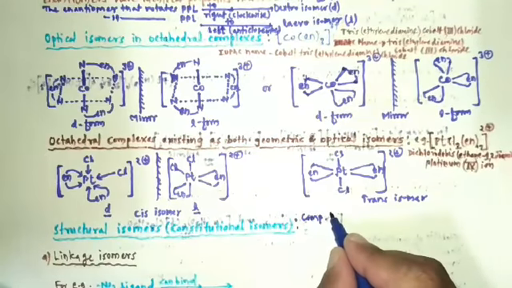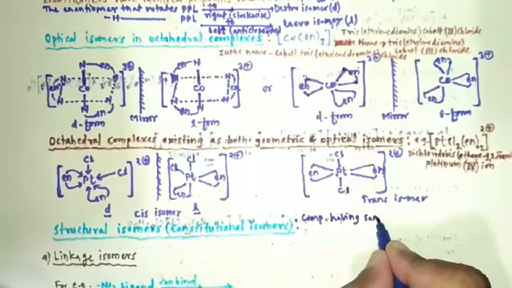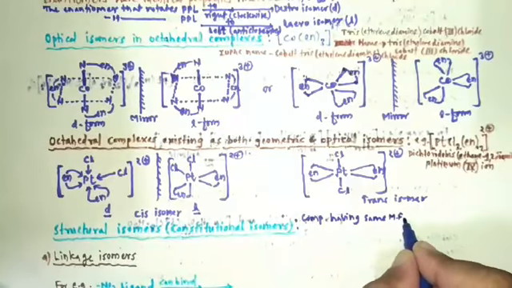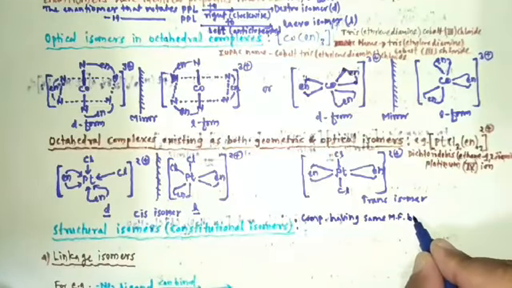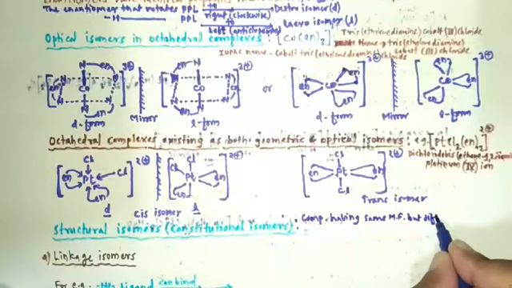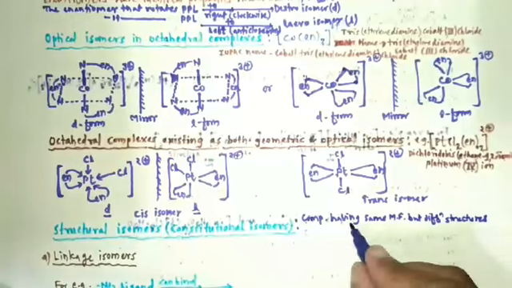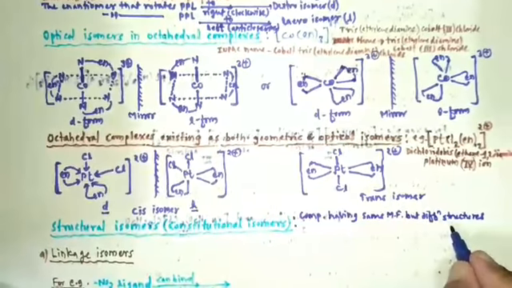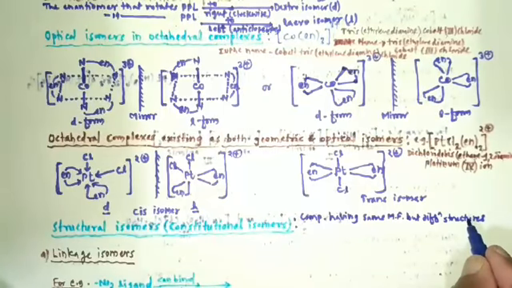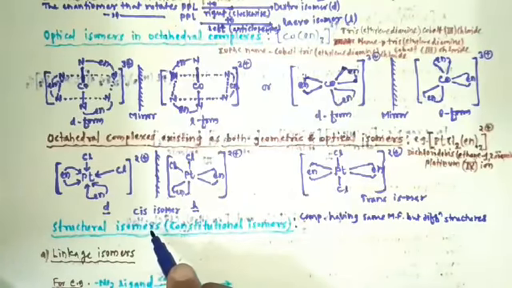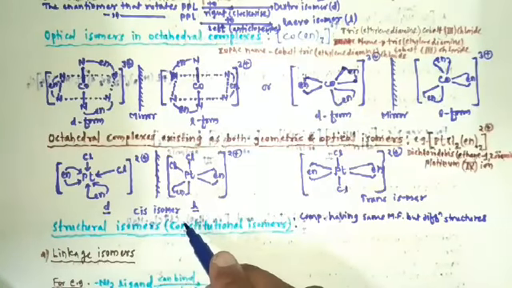Compounds having the same molecular formula but different structures are called structural isomers, and the phenomenon is called structural isomerism.